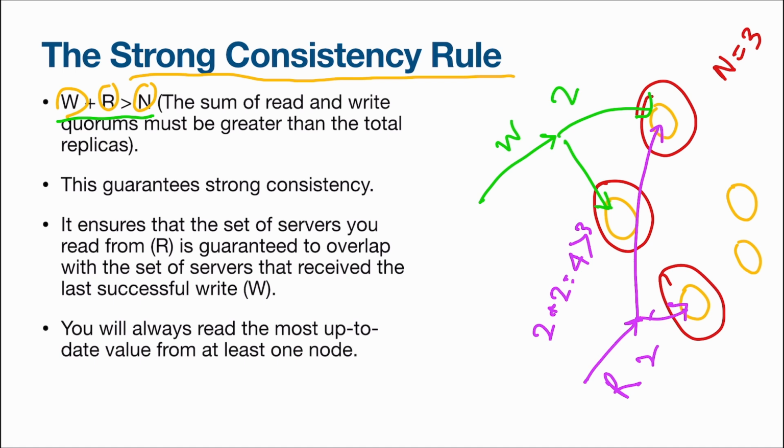It only waits for 2. Similarly, a read request only needs to be acknowledged by 2 of the servers. But whenever we write and whenever we read, if we always maintain a quorum from 2 of the servers, then we always make sure that we read the most up-to-date data.